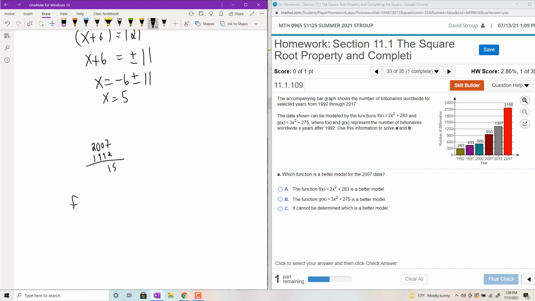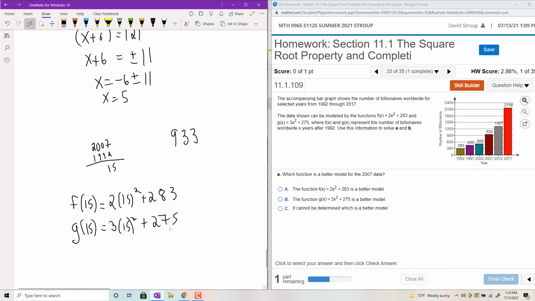What I want to do is put 15 in each function and see which one is closer to the actual number of billionaires, which is 933. So f of 15 will be 2 times 15 squared plus 283, and g of 15 would be 3 times 15 squared plus 275. I'm going to go to my calculator.